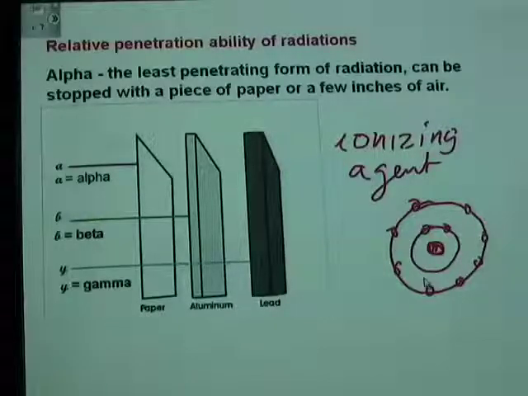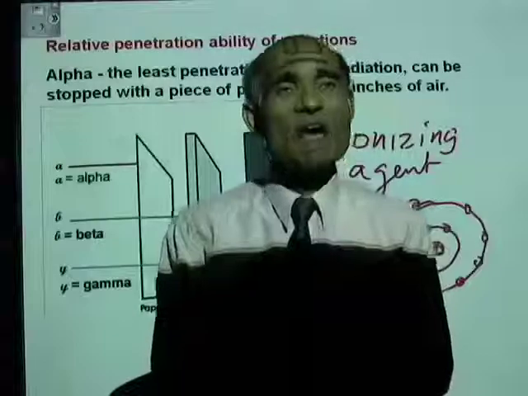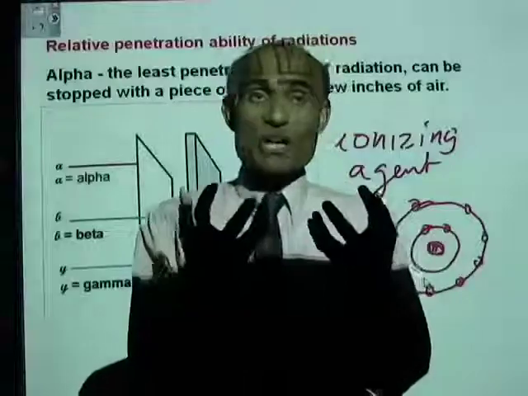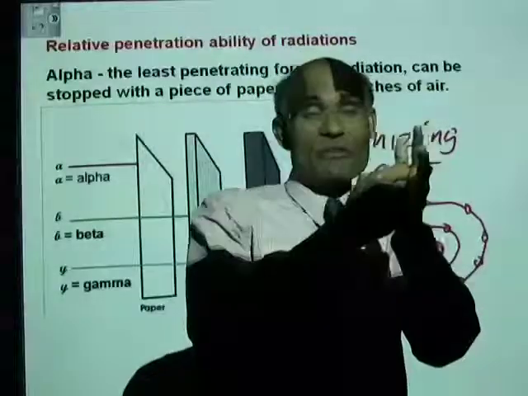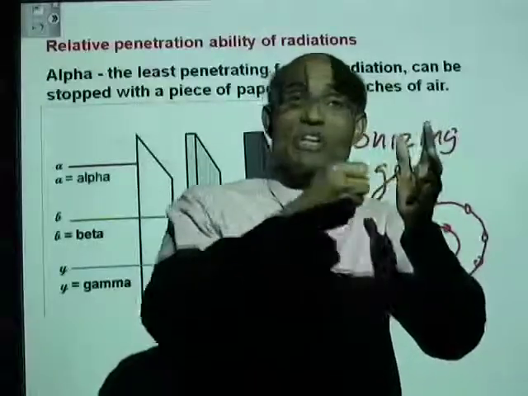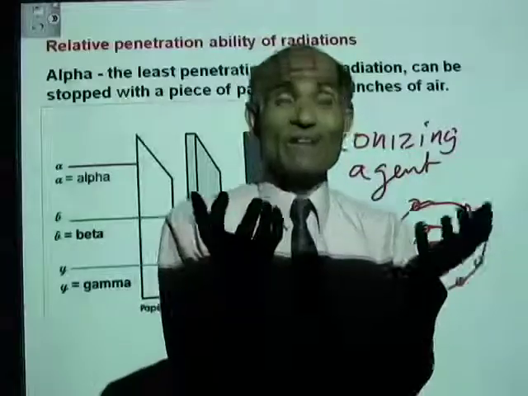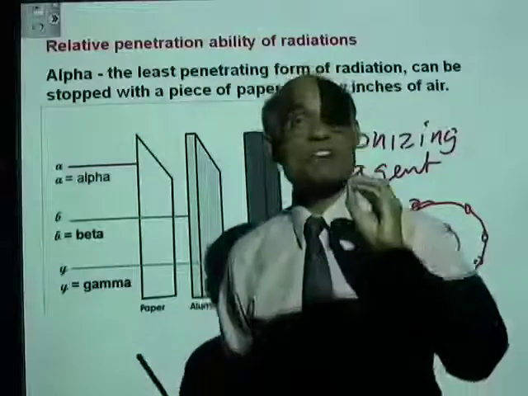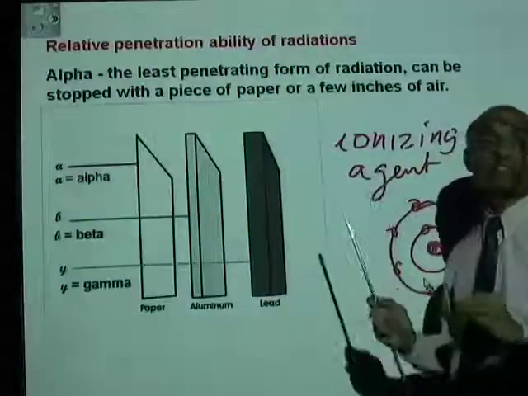Now, which of these radiations is a better ionizing agent? Alpha, beta, or gamma? Well, because alpha is massive, along its path, although its path is very limited, along its path it can knock off electrons from atoms much more readily than other radiations. That means alpha radiations are very effective ionizing agents.